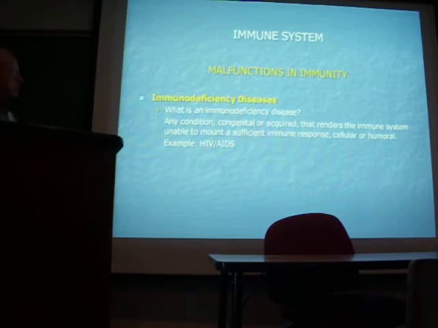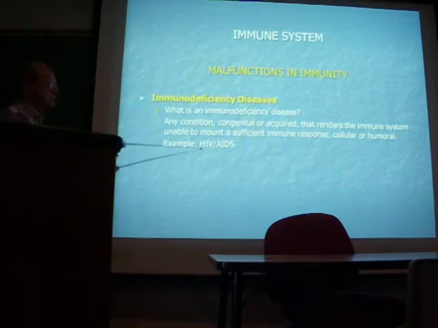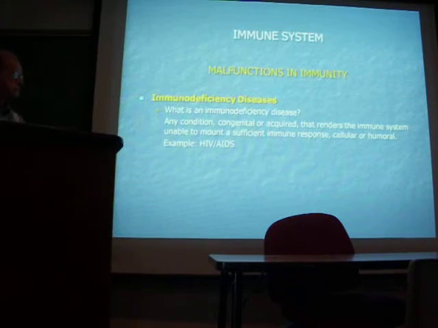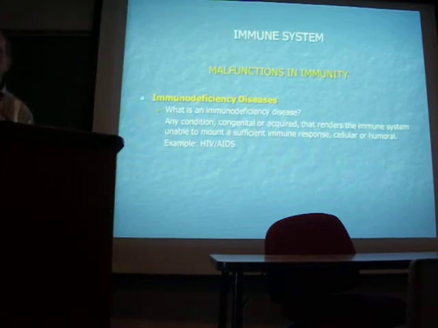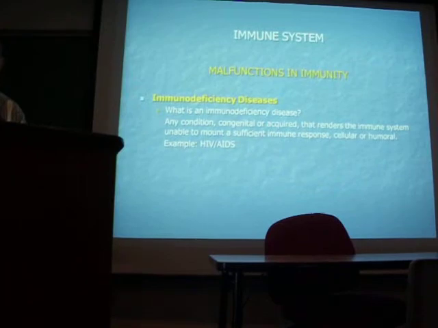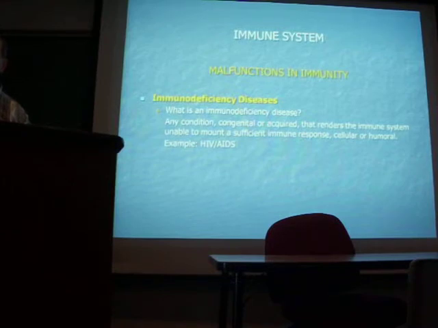A typical example of an immunodeficiency disease is HIV/AIDS, because the virus is attacking the immune system directly, and specifically, in the case of HIV, it's attacking the helper T cells. Remember what we said about helper T cells? They are required for both the function of T cells and B cells.